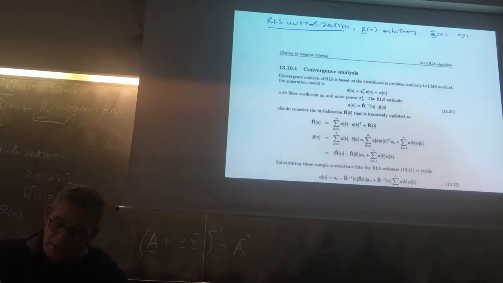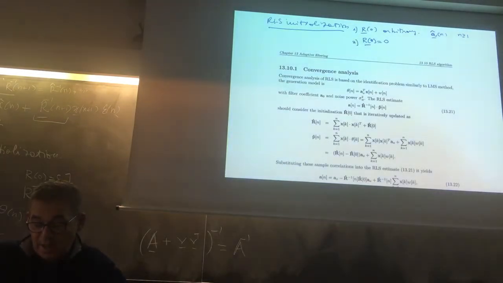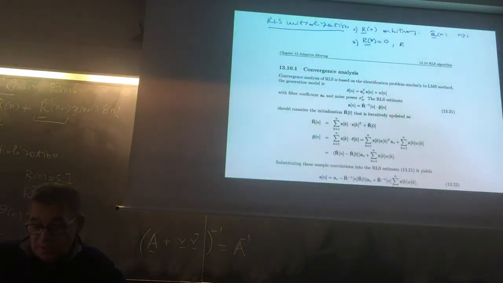The other way is I start with the initialization R0 equals 0. Since I set this, and since I need to compute the inverse, this inverse can be computed only if Rn is full rank.